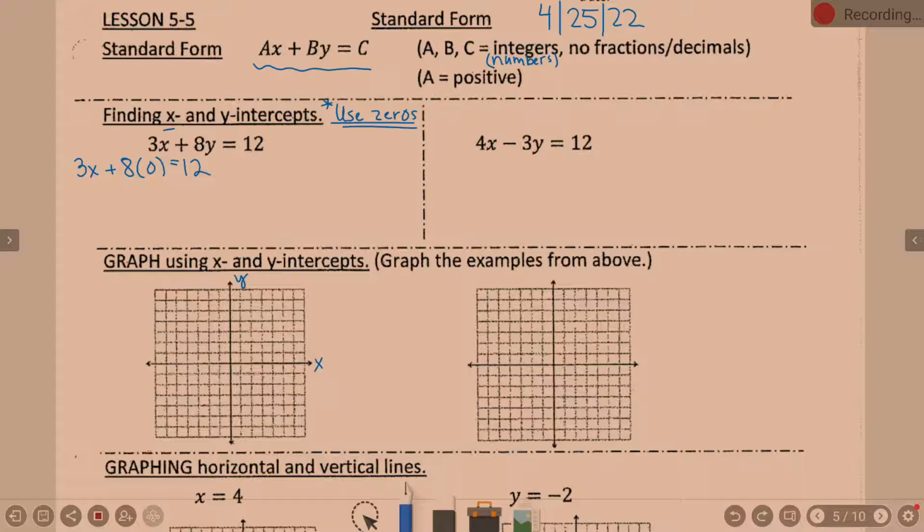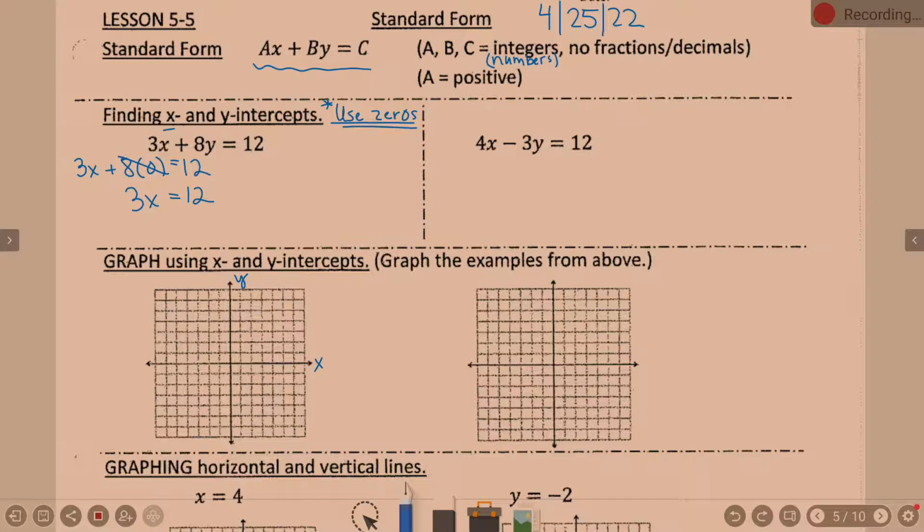Do the math with me. 8 times 0 is 0, which means it's going to be gone, right? Do I need to write 3x plus 0? No. So I'm just going to have 3x equals 12.